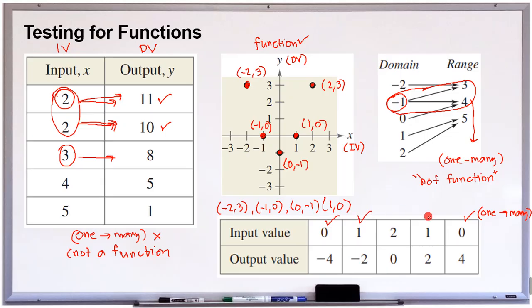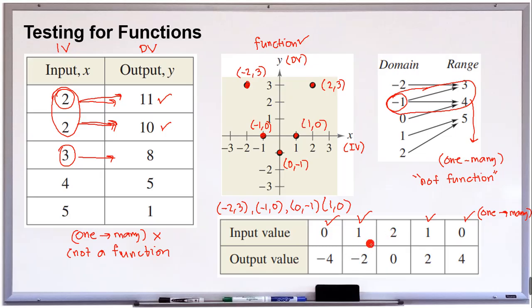4. So we have one input value of 1 that corresponds to 2 outputs.